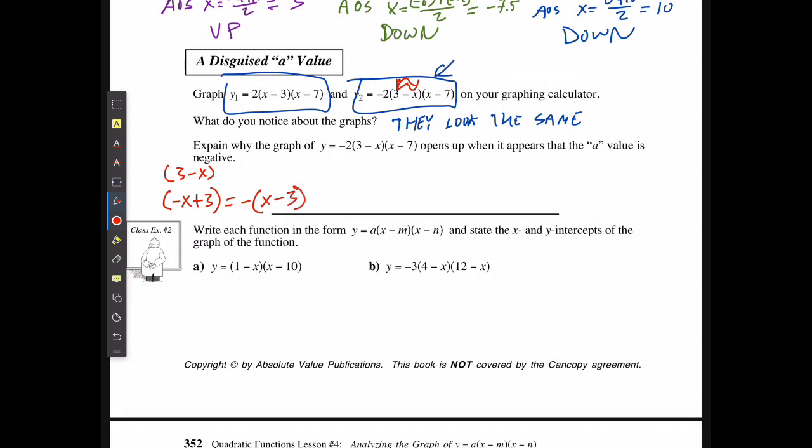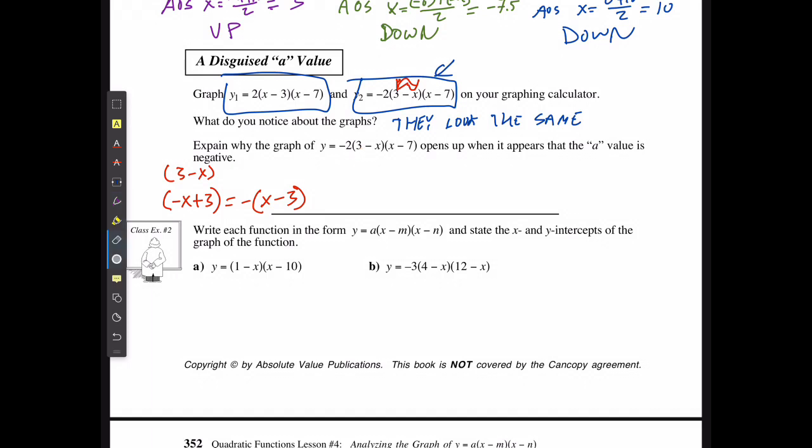And I can see that if I need to change the order of a subtraction, then I'm going to wind up flipping the sign on the outside. I'm going to make whatever the coefficient is at the beginning, if it's negative, become positive. If it's positive, it's going to become negative.